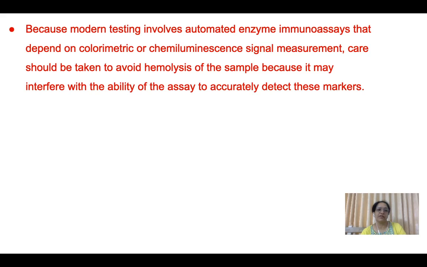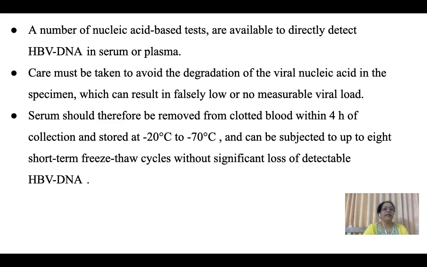of hepatitis B. A number of nucleic acid based tests are available to directly detect HBV DNA in serum or plasma. Care must be taken to avoid degradation of viral nucleic acid in the specimen, which can result in falsely low or no measurable viral load.